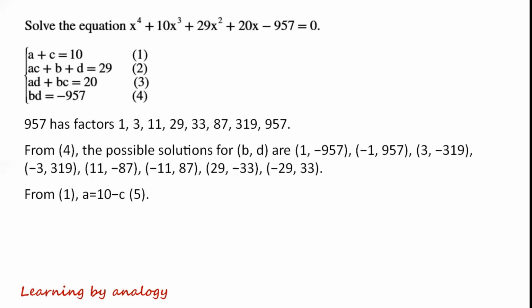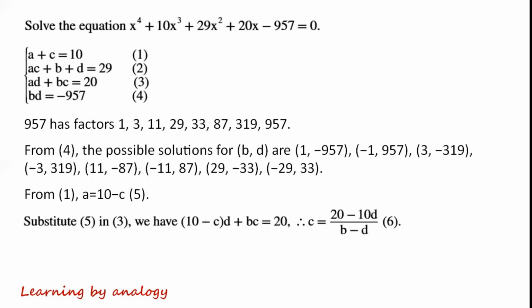From equation 1, a equals 10 minus c. Substitute equation 5 in equation 3. We have (10 minus c) times d plus bc equals 20.